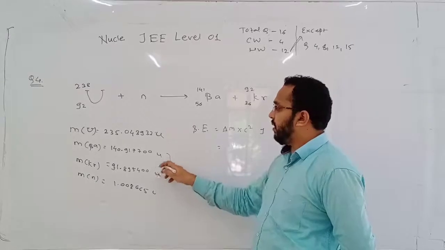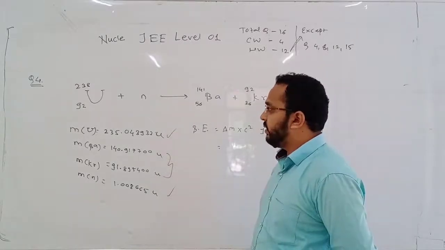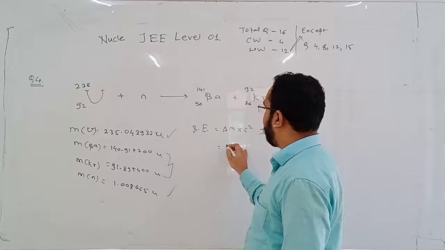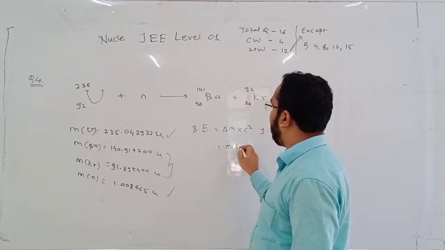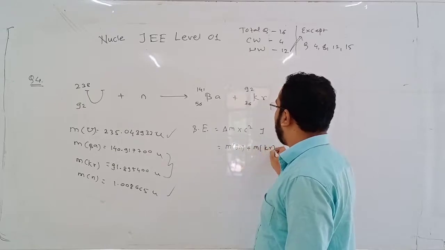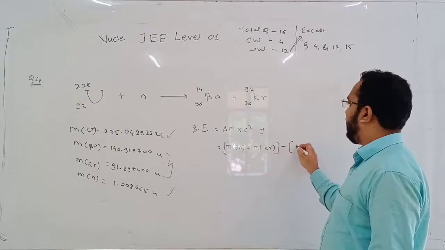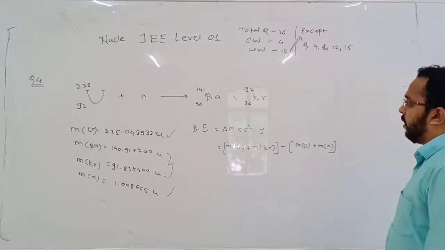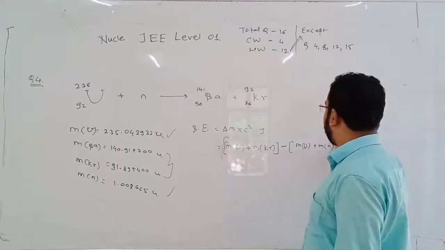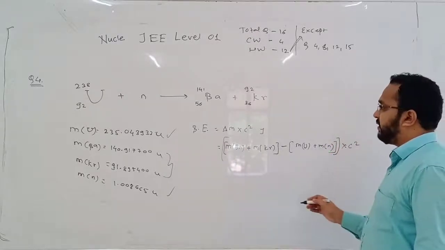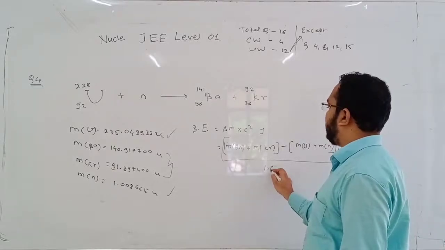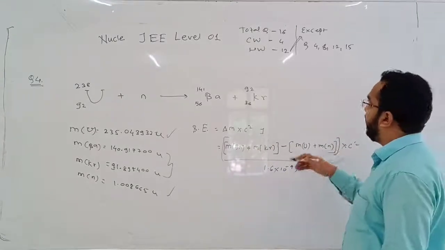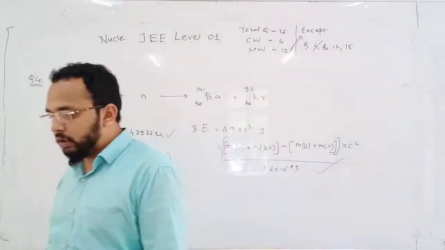The mass of barium plus mass of krypton is the mass of products, minus the mass of uranium plus mass of neutron, which is the mass of reactants. Products minus reactants is delta M, into c square, speed of light square, divided by 1.6 into 10 raised to power minus 19. So substitute all the values and solve. You will get the answer.